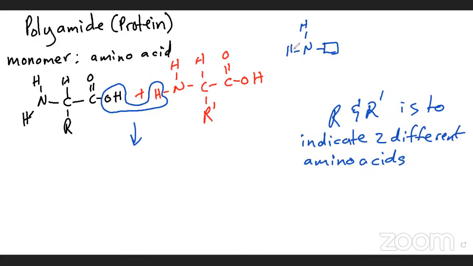NH2 and the C double bond O, OH, all right? Because they said that the only ones you need to use a specific structure for are terylene and nylon 6,6, all right? So you could do that as well. So instead of putting C, H, and R, you just put a box.